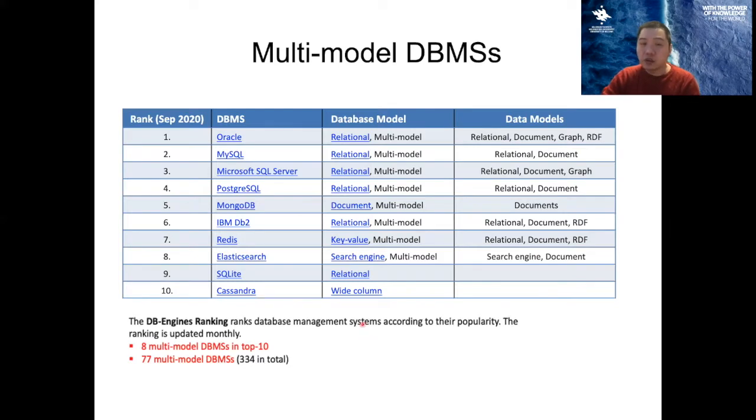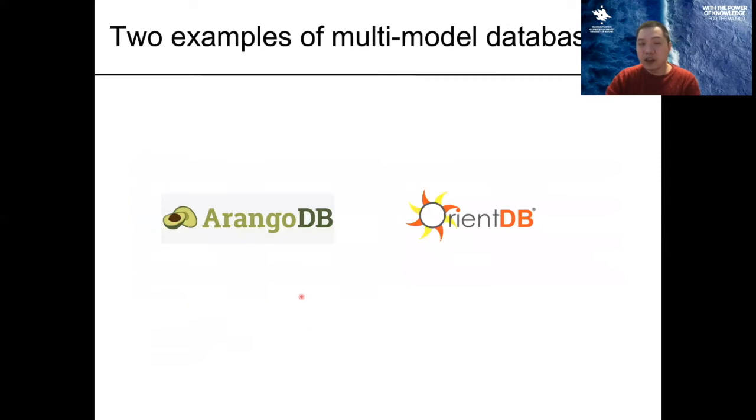This is a true prediction. So in the latest DB-Engines rankings, there are 8 multimodal databases in the top 10 and 77 multimodal databases among the 334 databases in total. So 2 examples of multimodal databases are ArangoDB and OrientDB.